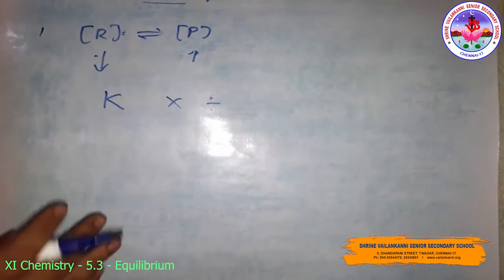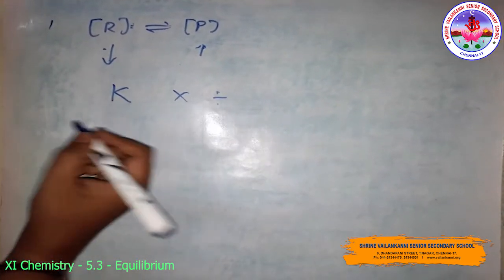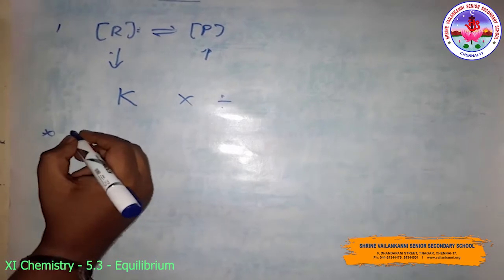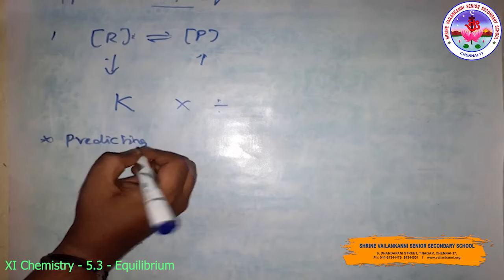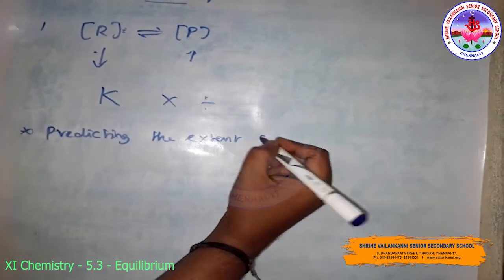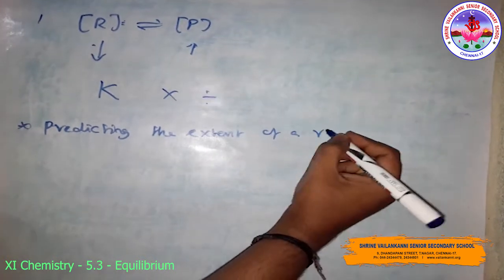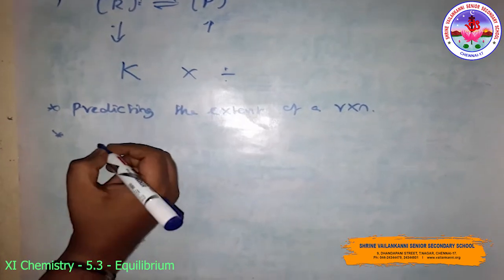So now let us consider the applications of the equilibrium constant. The first is predicting the extent of a reaction. Second is predicting the direction of the reaction.